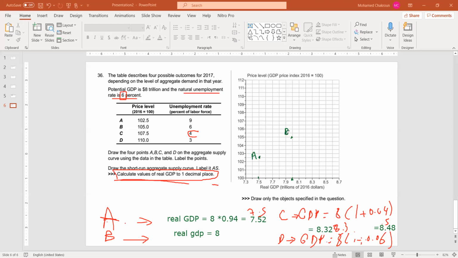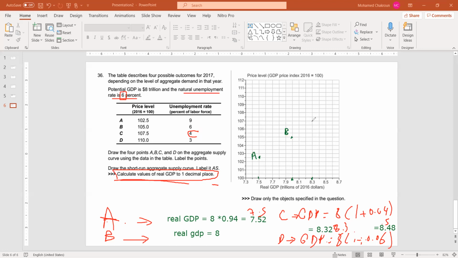Point C, we have 8.3, and the price level is equal to 107.5.